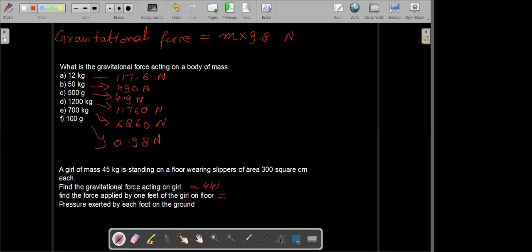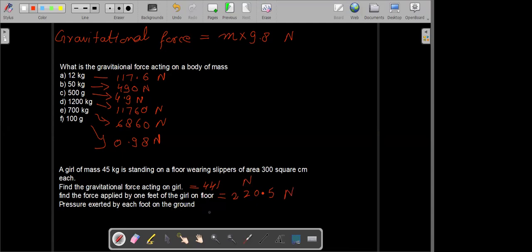Find the force applied by one foot of the girl on the floor. You will divide this 441 by 2, as the girl has 2 feet. You get your answer as 220.5 Newton.